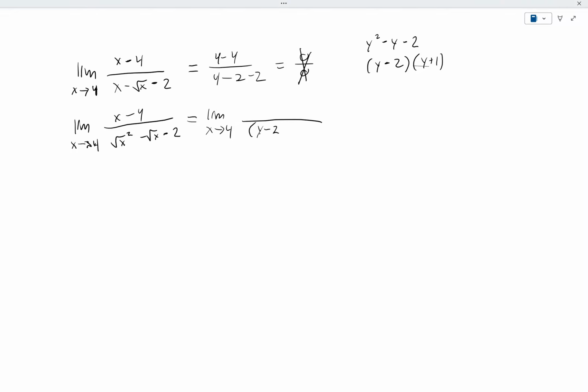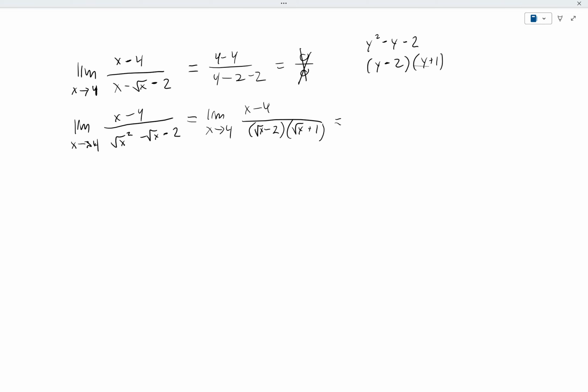Except instead of y, you're going to put in the root of x. So root of x minus 2 times root of x plus 1. And then we have our numerator up here, so x minus 4.